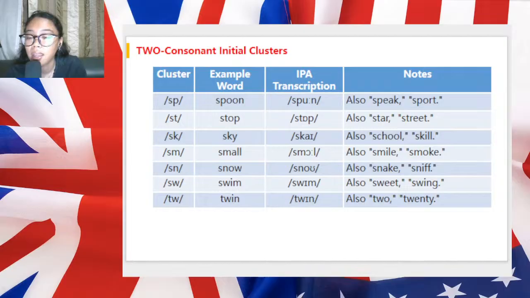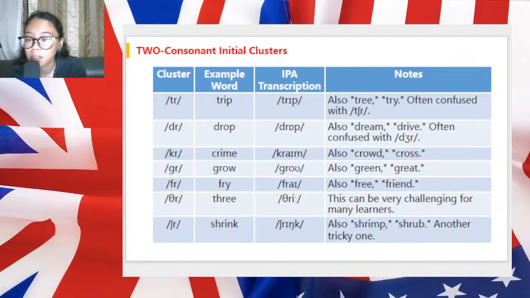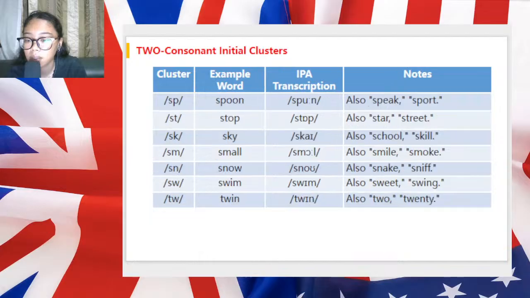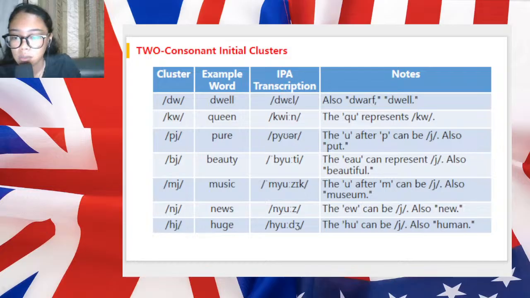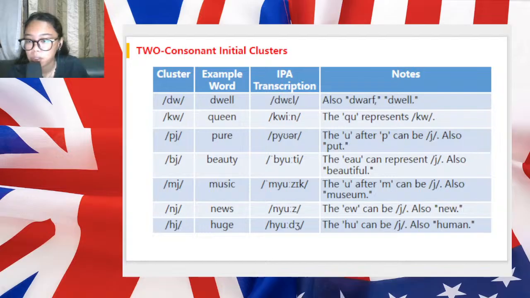shr, shrink. sp, spoon. st, stop. sk, sky. sm, small. sn, snow. sw, swim. tw, twin. tr, trip. dw, dwell. qu, queen.